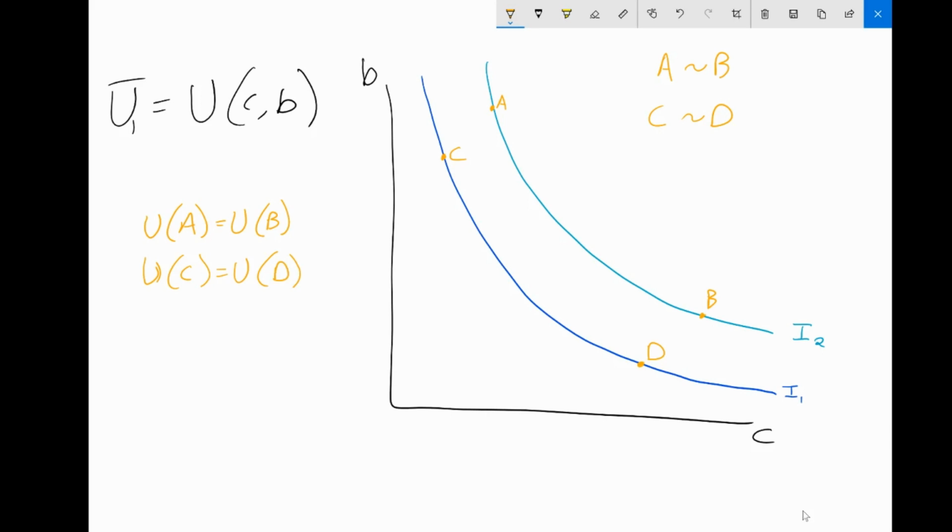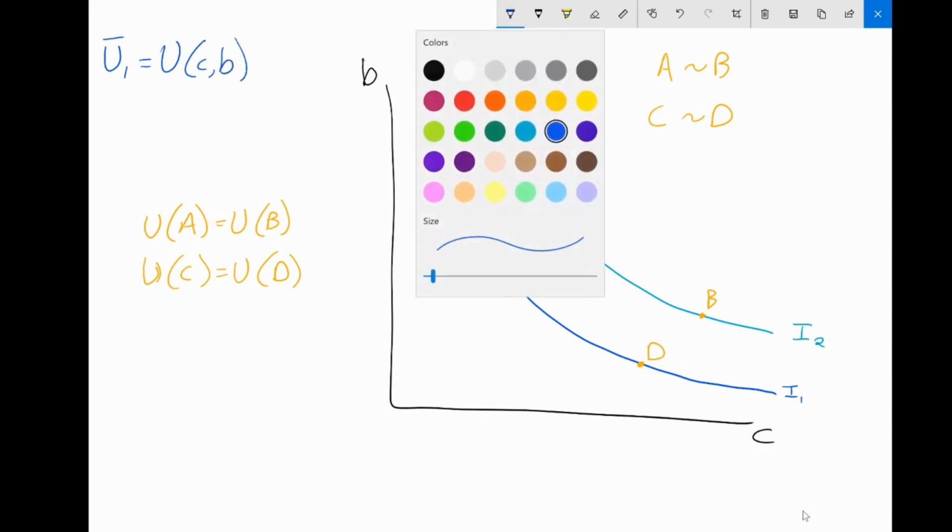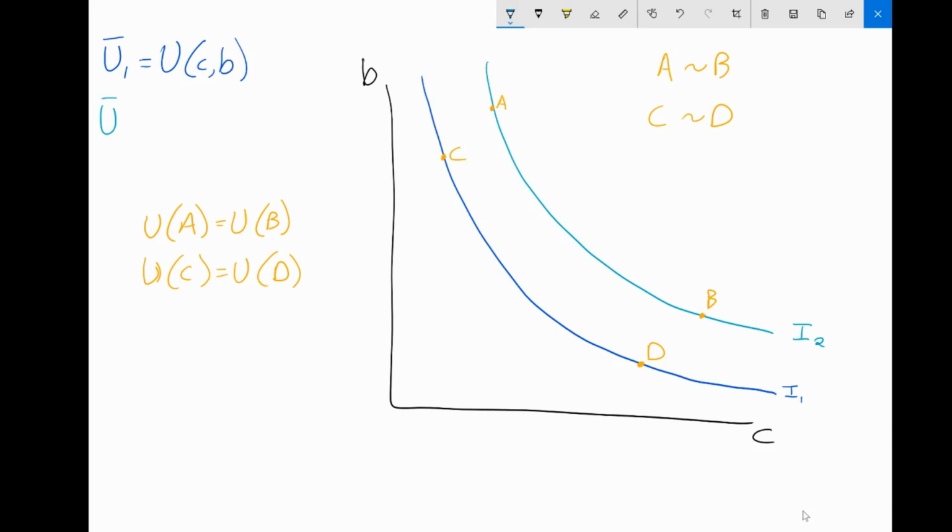Okay, so we can say that the dark blue indifference curve corresponds to some given level of utility U bar 1, and the light blue indifference curve corresponds to some other utility level, U bar 2. Now, looking at this, I might ask the question, which indifference curve corresponds to a higher level of utility?